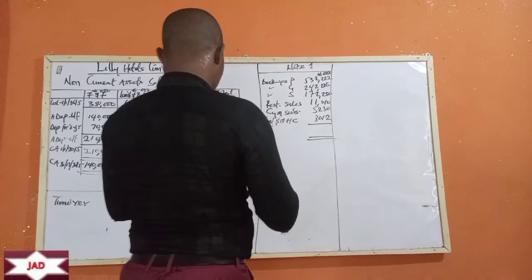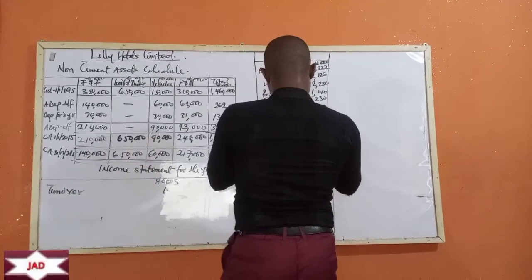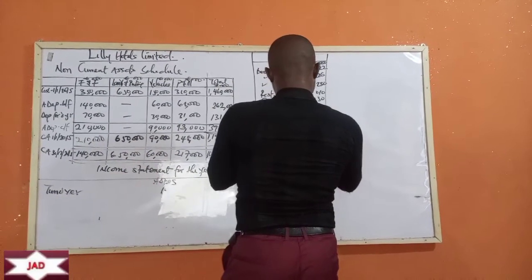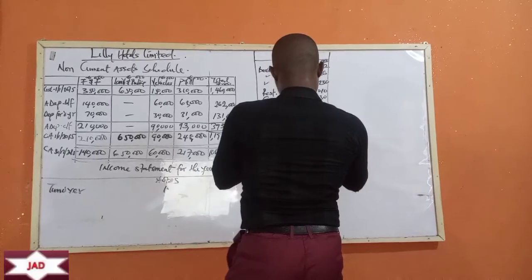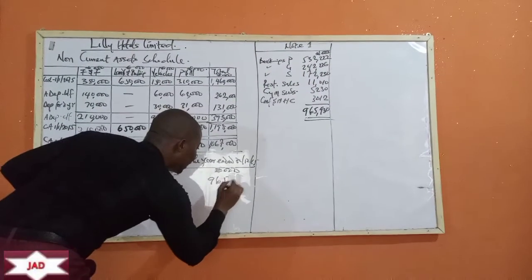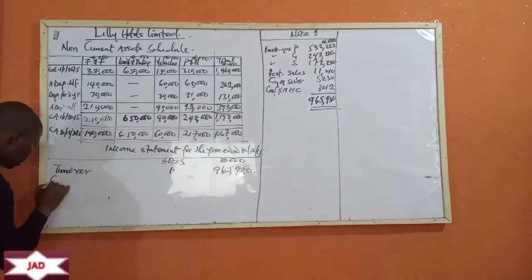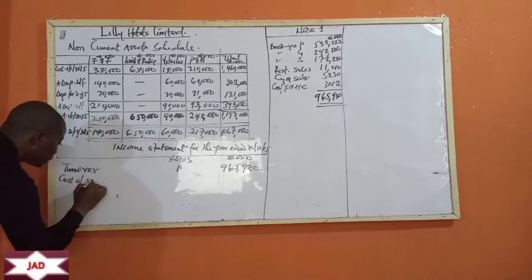Okay, so what am I seeing here? The total is 965,930. So what do we see now? Cost of what? Sales.